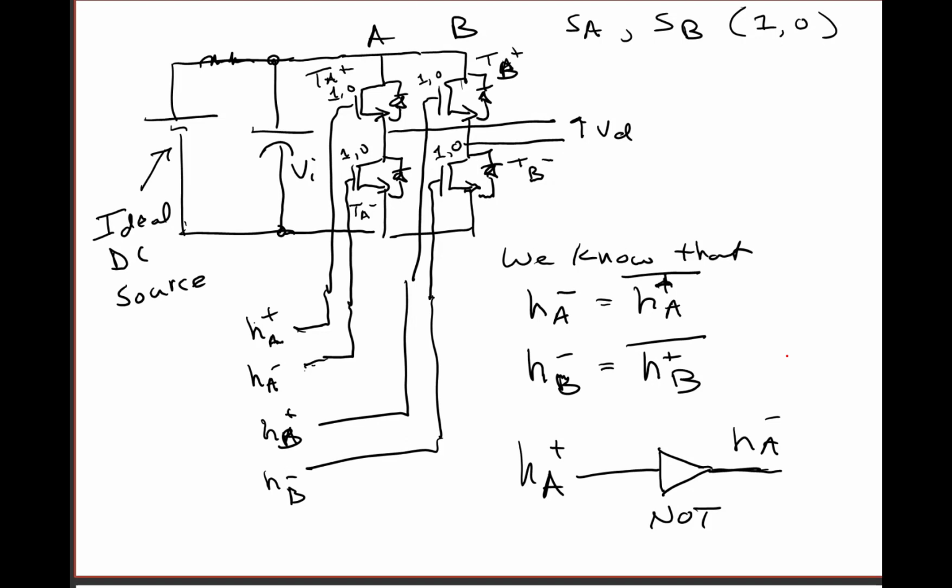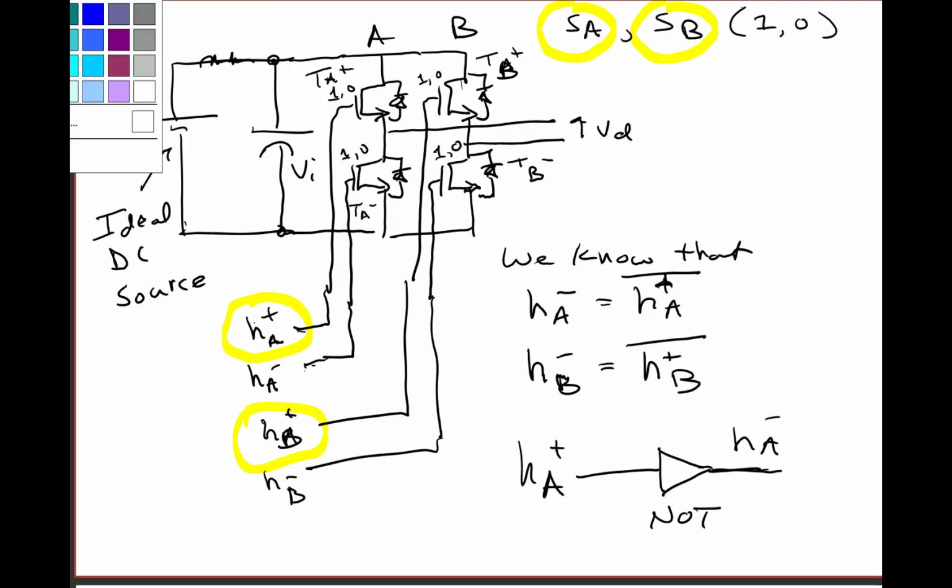So in a way, you can characterize everything going on just with the top guys, which is typically what we do. Often, if you were going to look at S sub A as a pulse train and S sub B as a pulse train. I usually think of them as just a logical state.